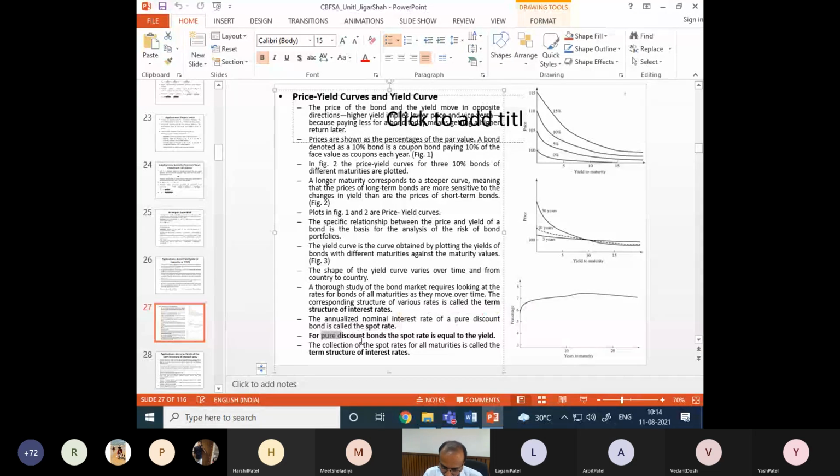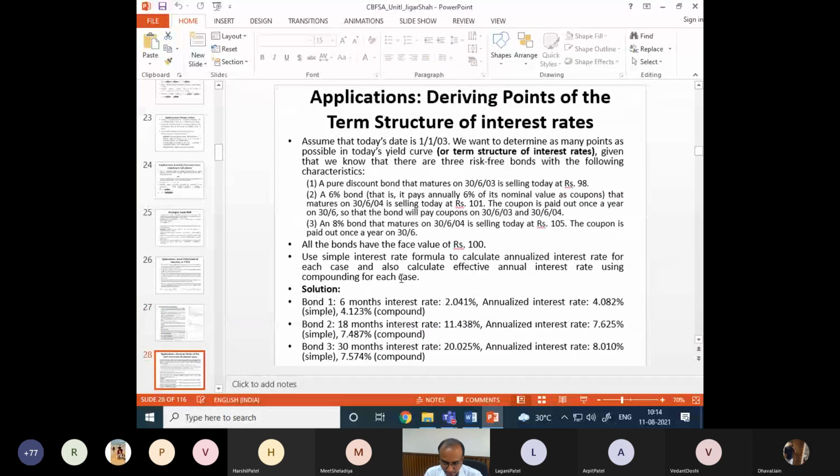And for pure discount bond, we are plotting here yield to maturity, which is equal to spot rate, right? And that is equal to the yield. And the collection of all these spot rates for all such pure discount bonds available in market is called the term structure of such bonds or term structure of interest rate of such bonds.